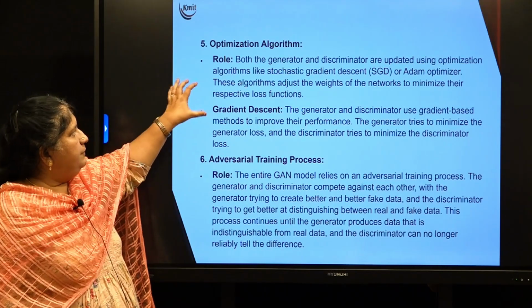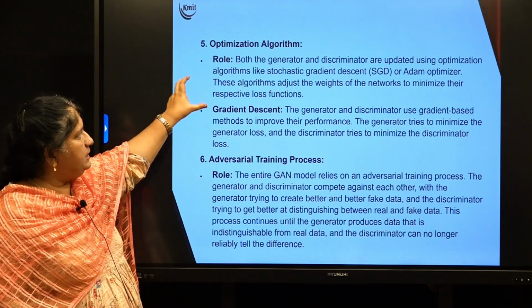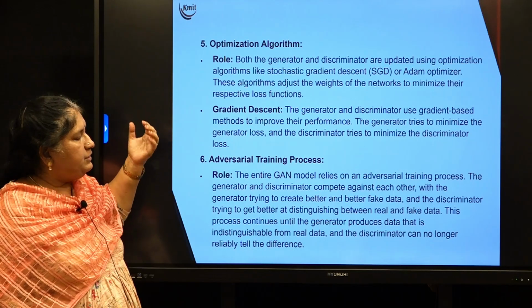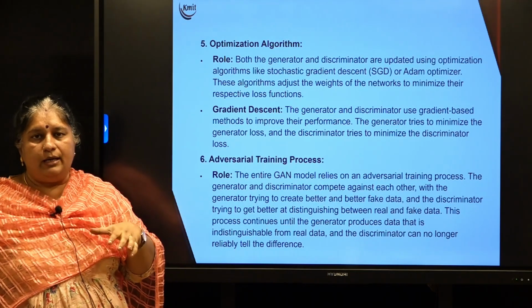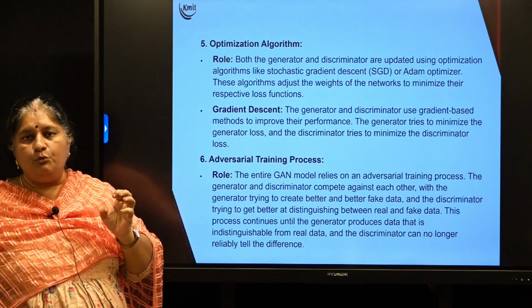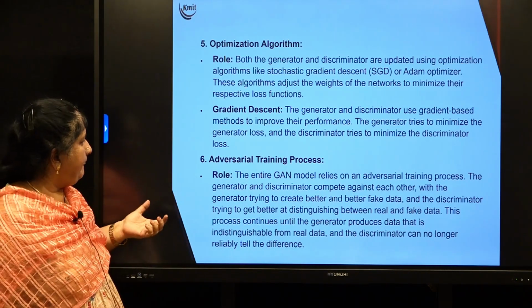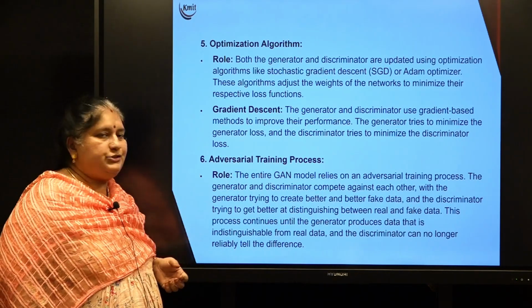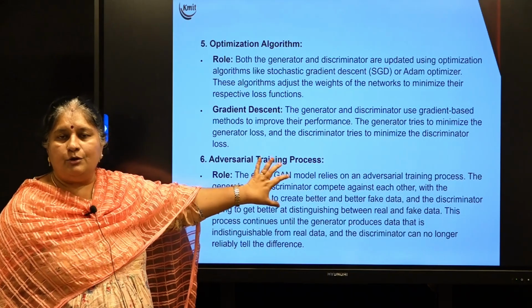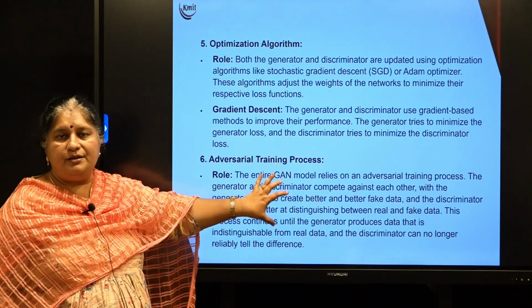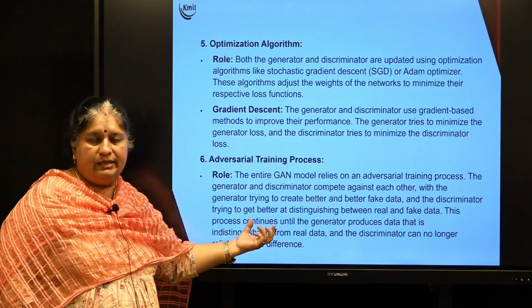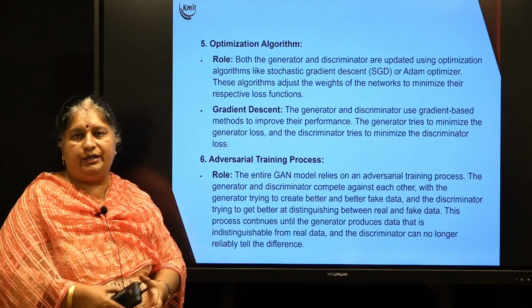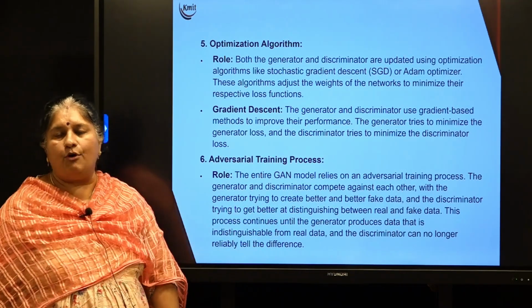Optimization algorithm: we work with an optimization function which helps adjust the weights so that the generator can generate more realistic data. Then the adversarial training process, this is the actual competition between the discriminator and the generator, and we build the adversarial functions when we are building models with GAN.